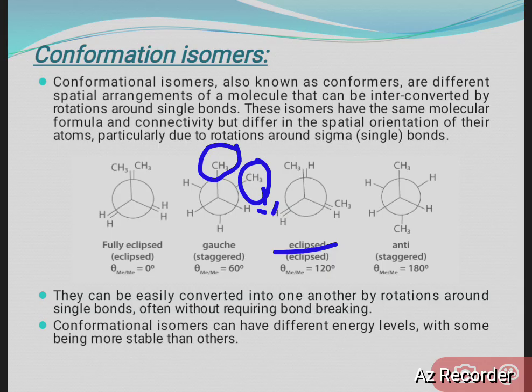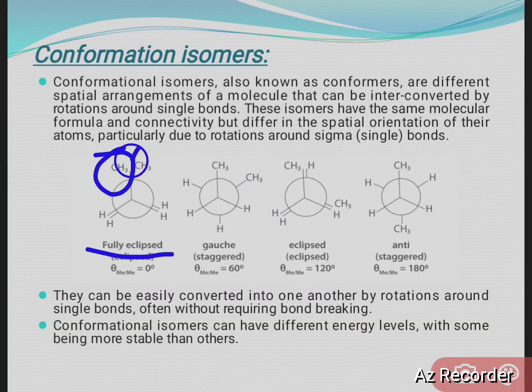But here a methyl group is behind a hydrogen, so different groups are present. In the fully eclipsed one, a methyl group is behind another methyl group. Hence this is termed fully eclipsed. If two different groups are present, it is only the eclipsed one. Here the dihedral angle is 120 degrees.